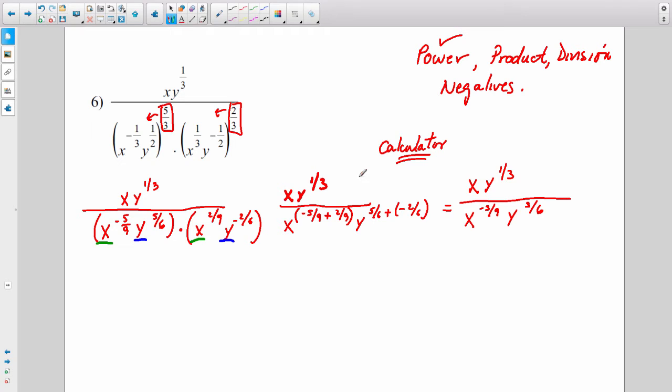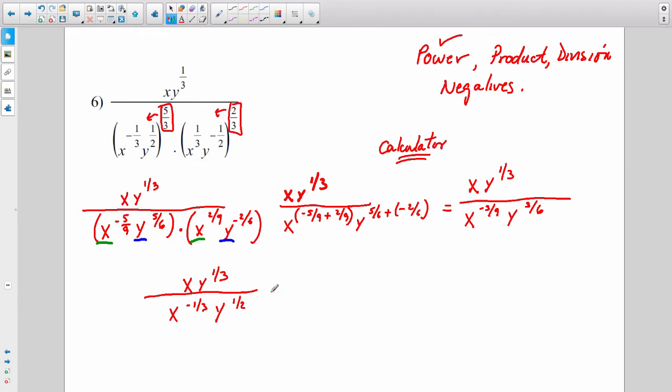So for example, I would like to simplify these two fractions because I see they're very easy to do. So x times y to the 1/3 on top of x to the negative 1/3 y to the positive 1/2. Just makes it look nicer.